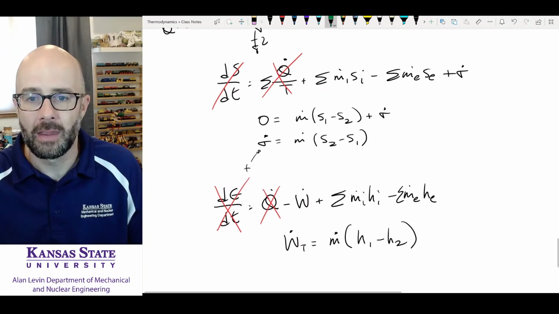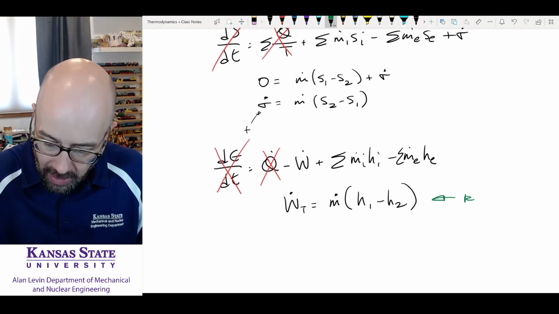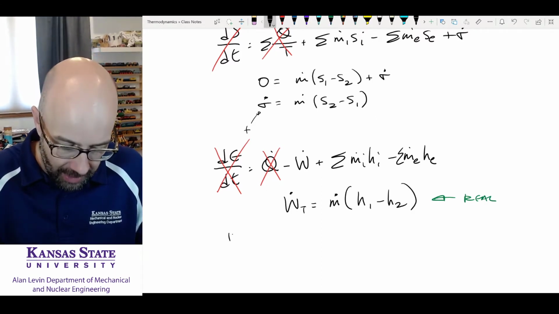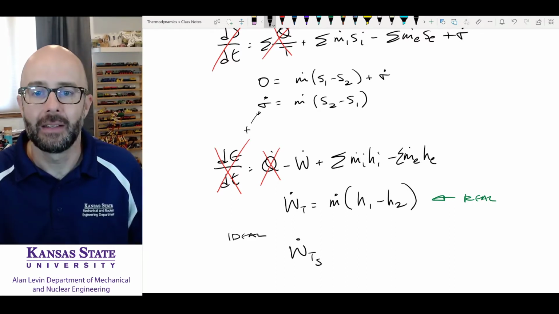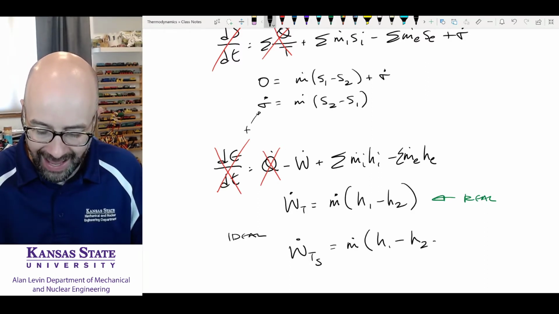Okay. Now, this is going to be our real turbine. An ideal turbine is going to say W dot turbine, and I'm going to put TS, so I know it's ideal, is equal to m dot times H1 minus H2S.